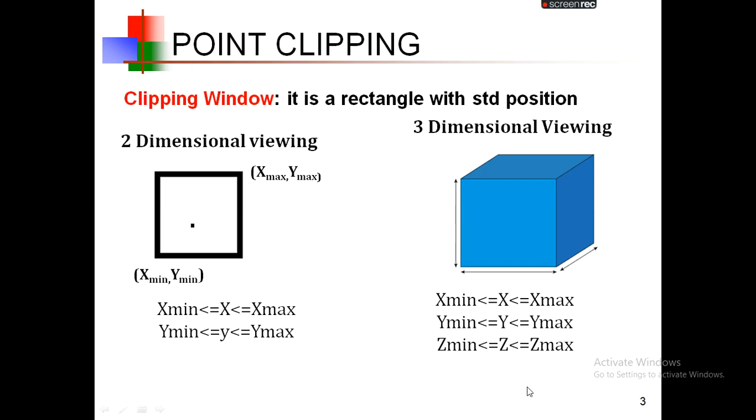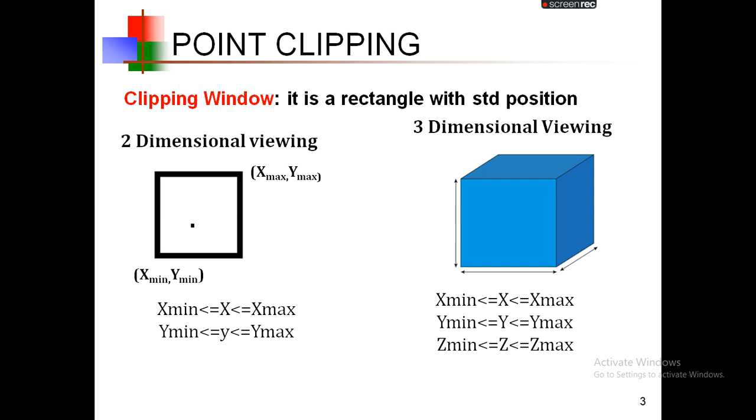But in a three-dimensional plane, we should not call it a clipping window, we should call it a clipping volume. The shape of the clipping volume is like a cube. So here I explained how to perform point clipping.